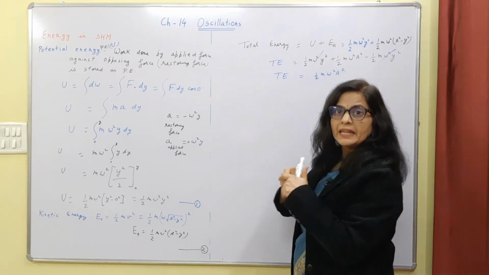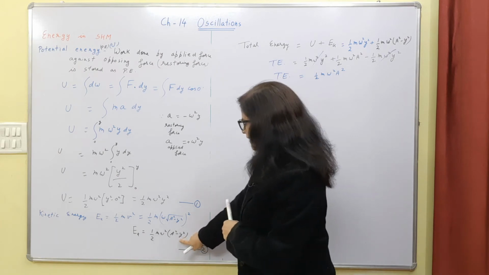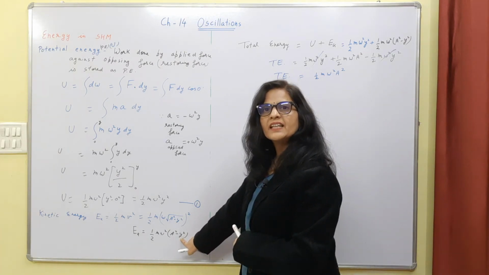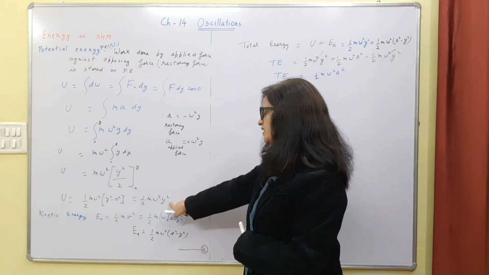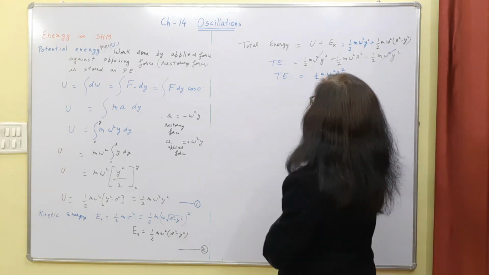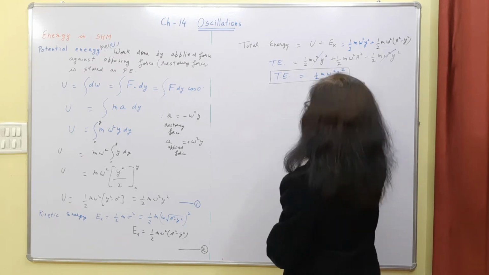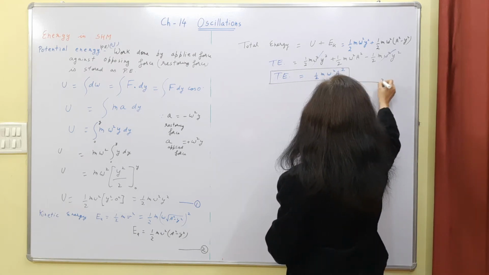So this is independent of time, because if you look at this, y is dependent on time. y is a sin omega t, and here this is also a sin omega t, but in total it is independent of time. This is our third equation.